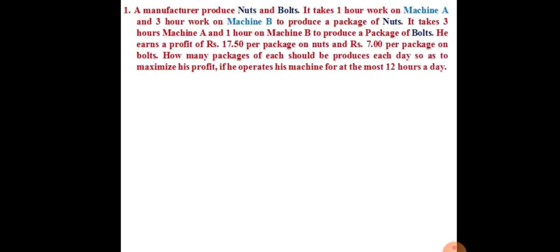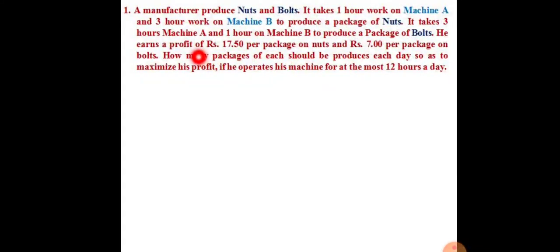So let us consider one example. A manufacturer produces nuts and bolts. It takes 1 hour of work on machine A and 3 hours of work on machine B to produce a package of nuts. It takes 3 hours on machine A and 1 hour on machine B to produce a package of bolts.